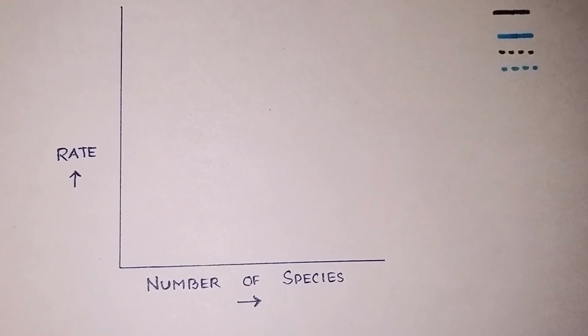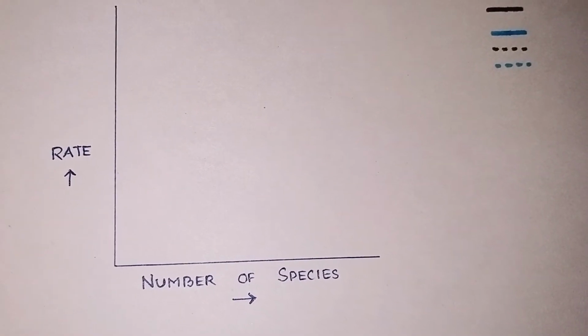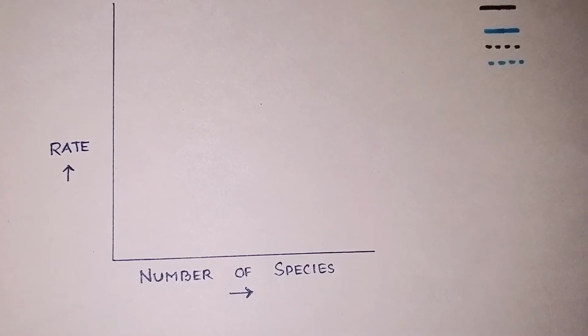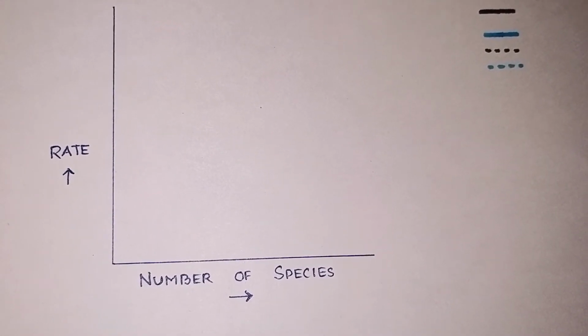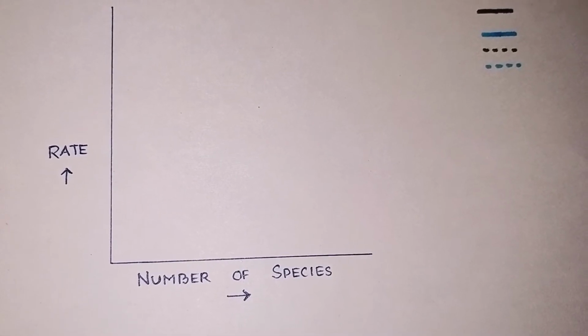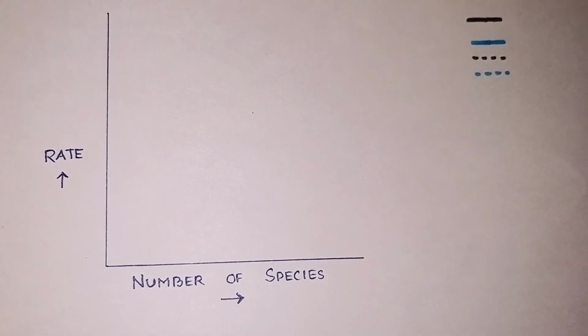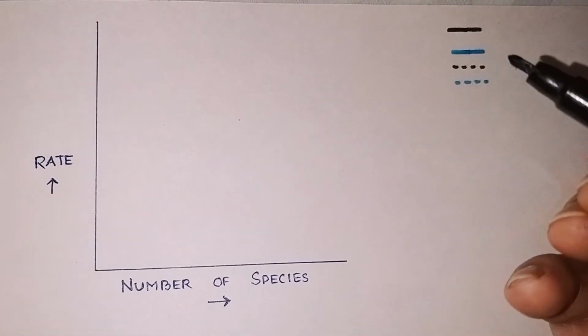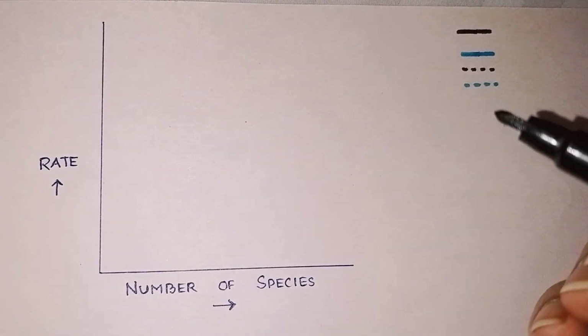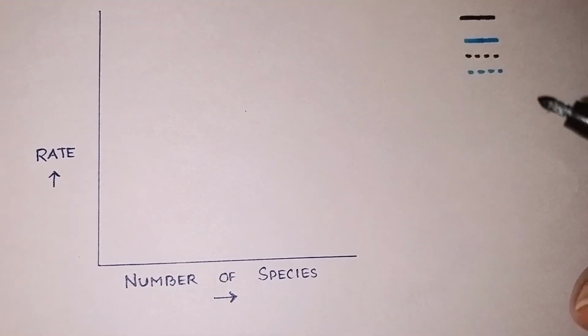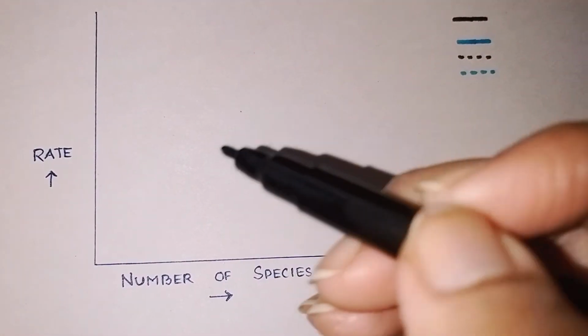When the island is located closer to the mainland, then the rate of immigration is comparatively higher than that of an island located farther away from the mainland. So, when we plot the graph for immigration, we see a curve like this.